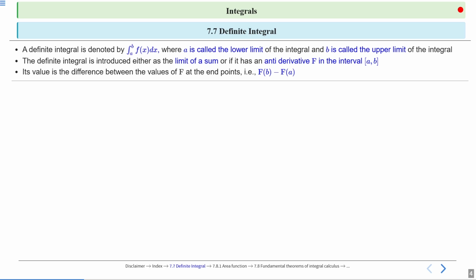But when we integrate definitely, that is integrate x cube from 2 to 3, then it is not a function, it is a numerical value. So in definite integral, the value is a numerical value, and in indefinite case, the value of integral is again a function. That is a major difference.